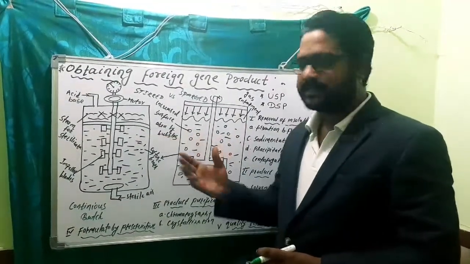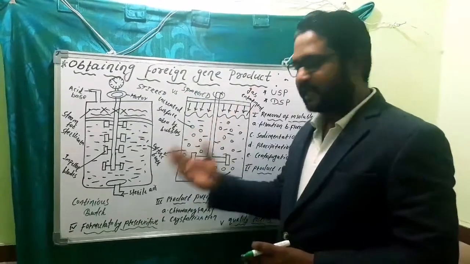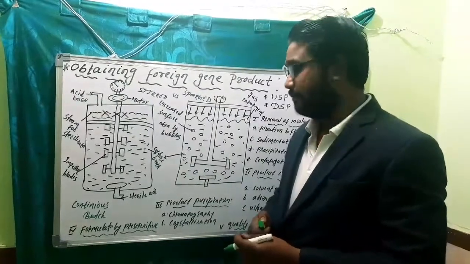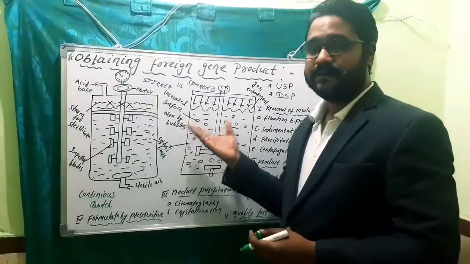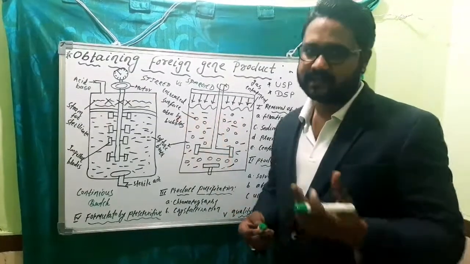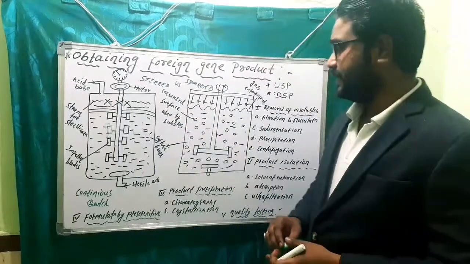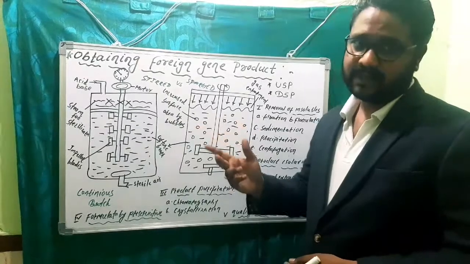One major difference between them is that the sparged tank bioreactor has a special sparger through which sterile air is being passed, and this air increases the surface area in the form of bubbles. So you can see these bubbles increase the surface area for the activity of microbes present inside this bioreactor.